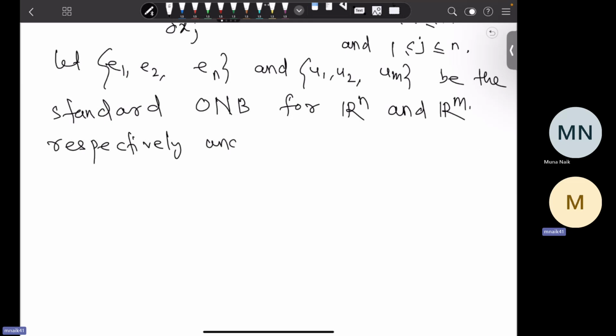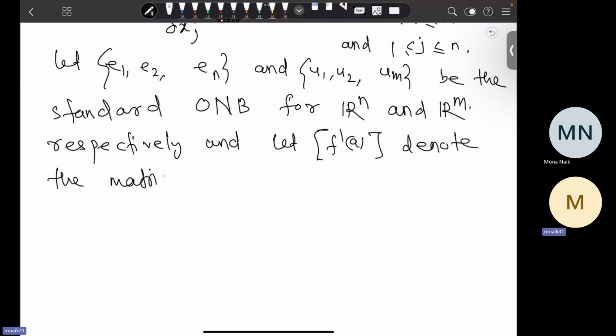And let A prime A denote the matrix representation of F prime A, which is a map from Rn to Rm, with respect to the standard basis.